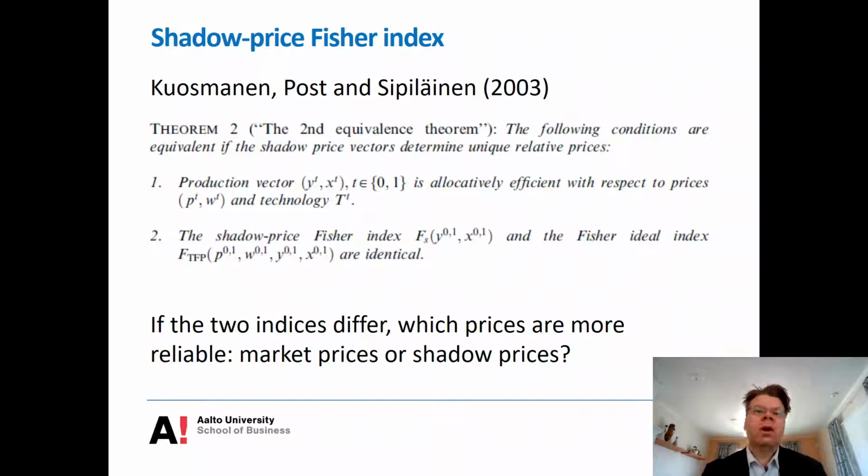Of course, to have these shadow prices, we need to estimate. So then the question is more that, okay, do we rely more on our ability to estimate these shadow prices from quantity data, or do we rely more on these observed prices? And in my mind, there is not really any clear-cut preference to one or the other. It depends on how reliably we can estimate those shadow prices.